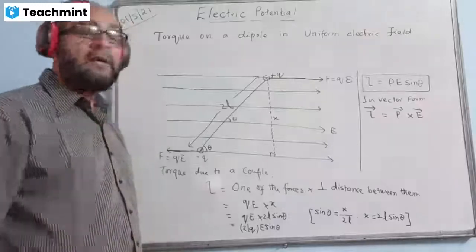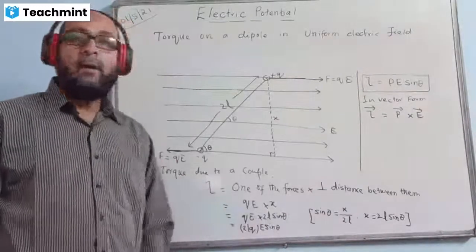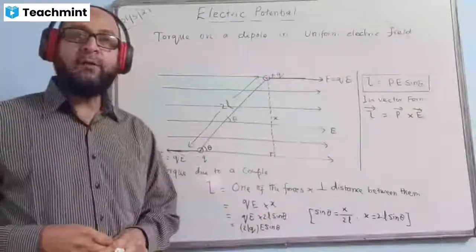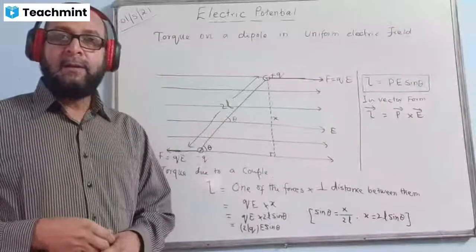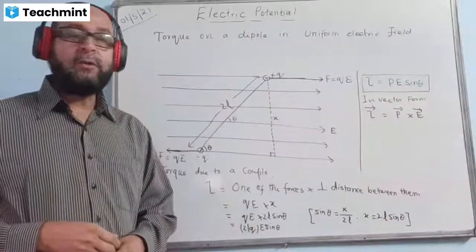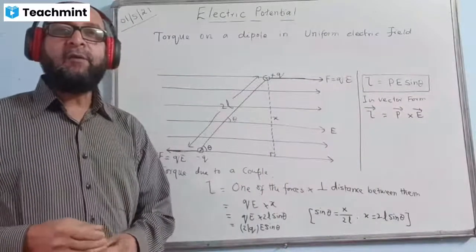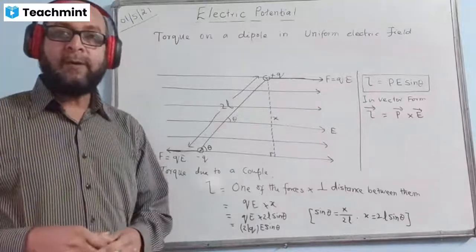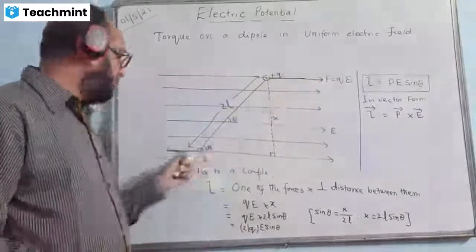Okay, now this question has not come, but it's important. I'm just telling you how much is the force acting on the dipole in a uniform field. What is the force on a dipole when placed in a uniform electric field? Force, not torque. The torque formula is P E sin theta, but how much is the force acting? We say the force acting on the dipole in a uniform field is 0. Why 0? Because one force is acting like this and the other force is acting like this.